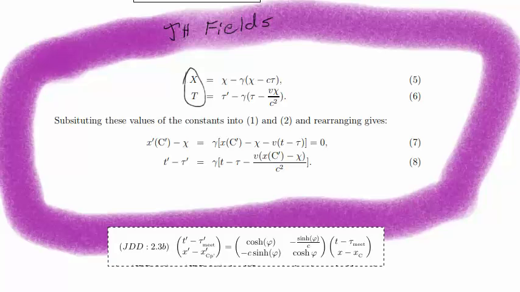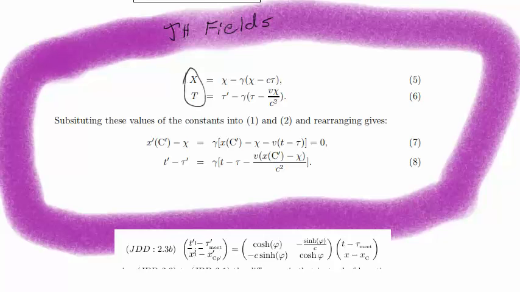What he has instead, he has already replaced x prime with the primed coordinate of the primed clock, and he's replaced x with the unprimed coordinate of the unprimed clock.